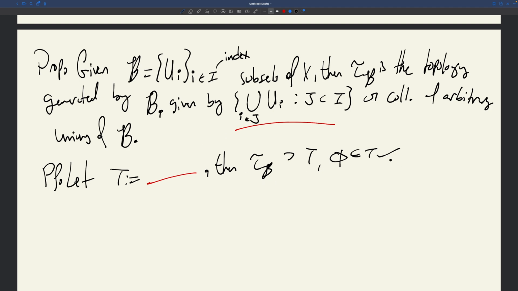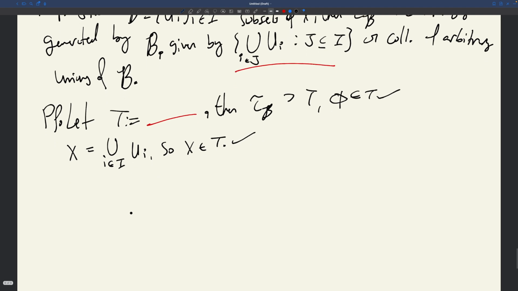We know that X is equal to the union over i in I of U_i. So X is in T. Cool.